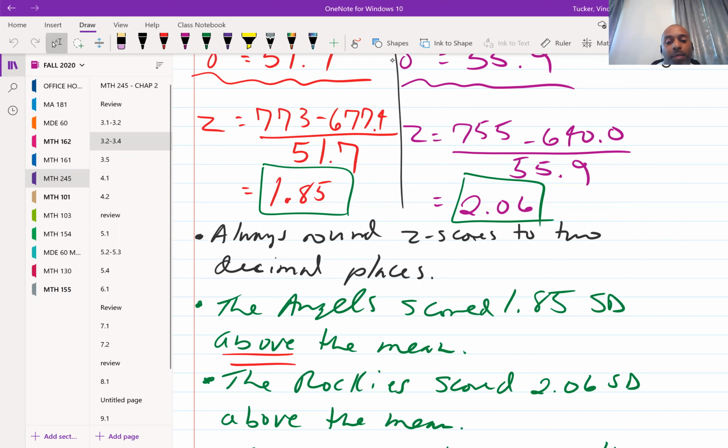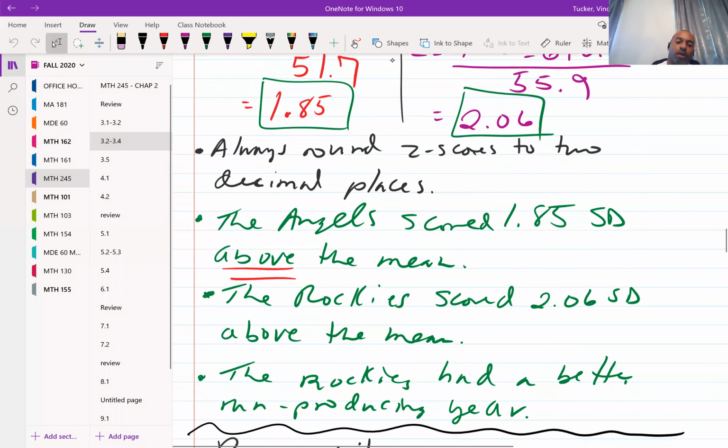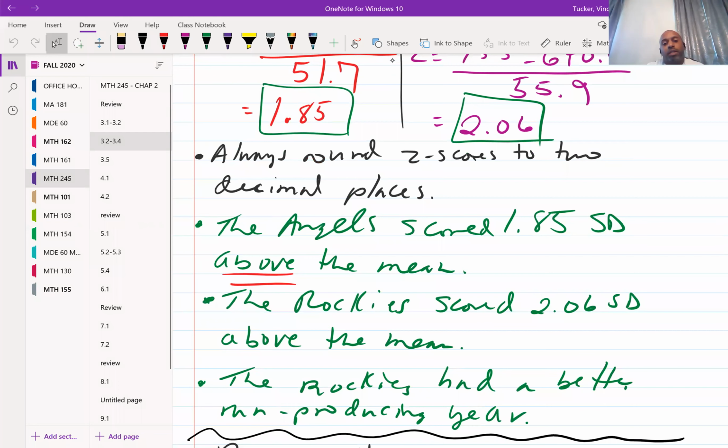But since both of them are positive, we will be looking at above the mean. So the Angels scored 1.85 standard deviations above the mean. The Rockies scored 2.06 standard deviations above the mean. And so the last statement, this means that the Rockies had a better run producing year than the Angels.